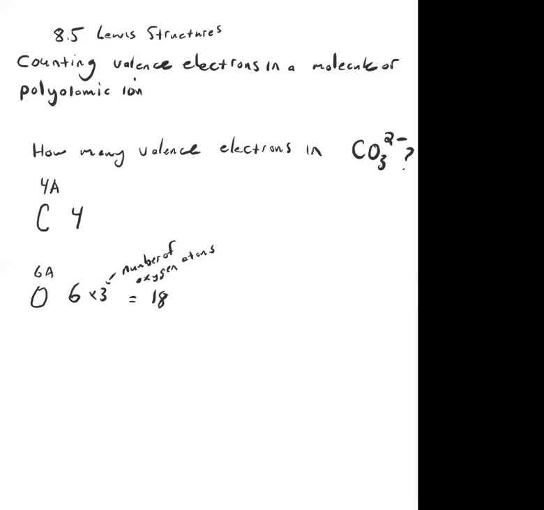And then you have this negative charge, so the charge, you have 2 electrons. Every time you have a negative charge, that's an extra electron. So our total would be 4 plus 18 plus 2, which is 24. So this question really only asks you for the number of valence electrons. So our answer would be 24.